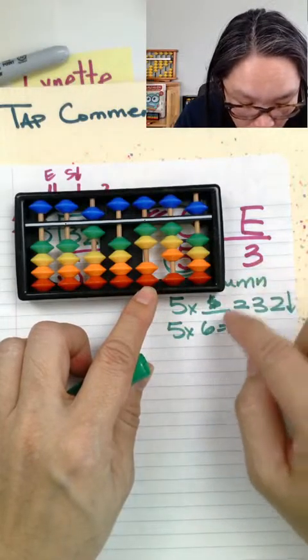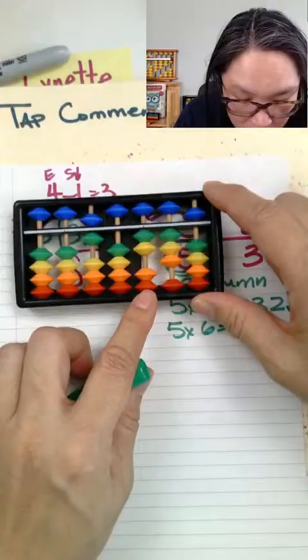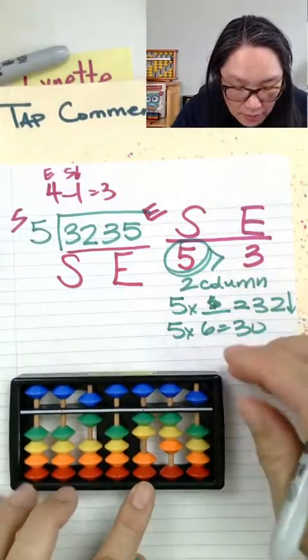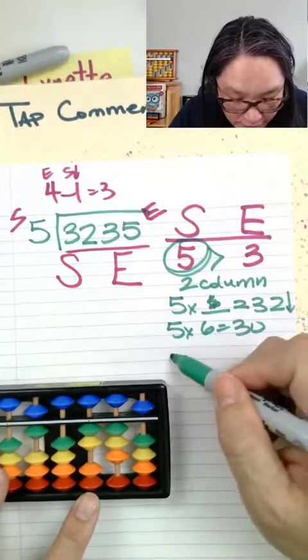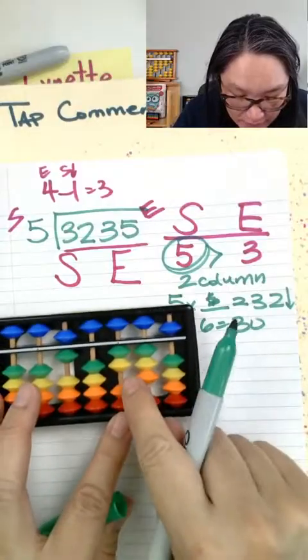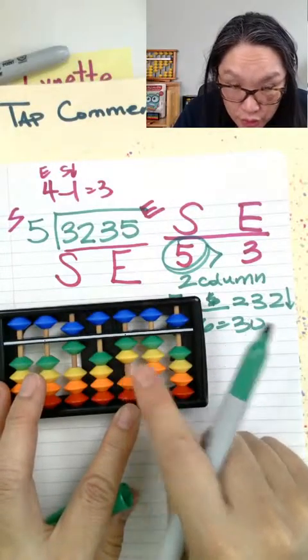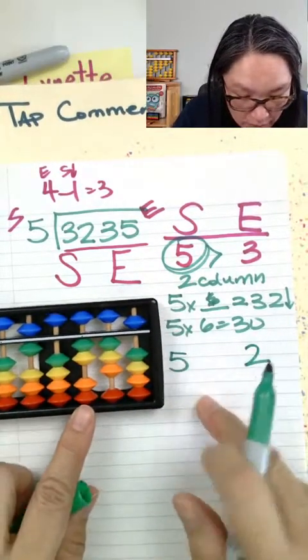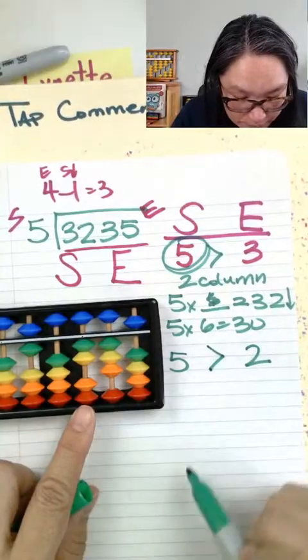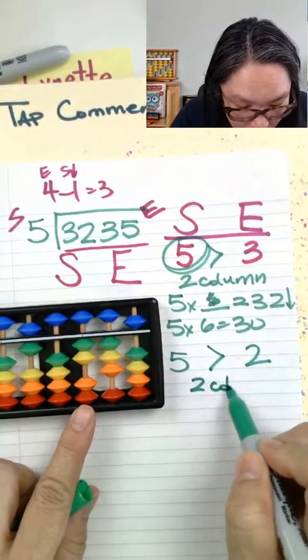Okay, so we're here. Who is bigger? My divisor is 5. My dividend, if I look here, is 2. My divisor is bigger, so I still take 2 columns.